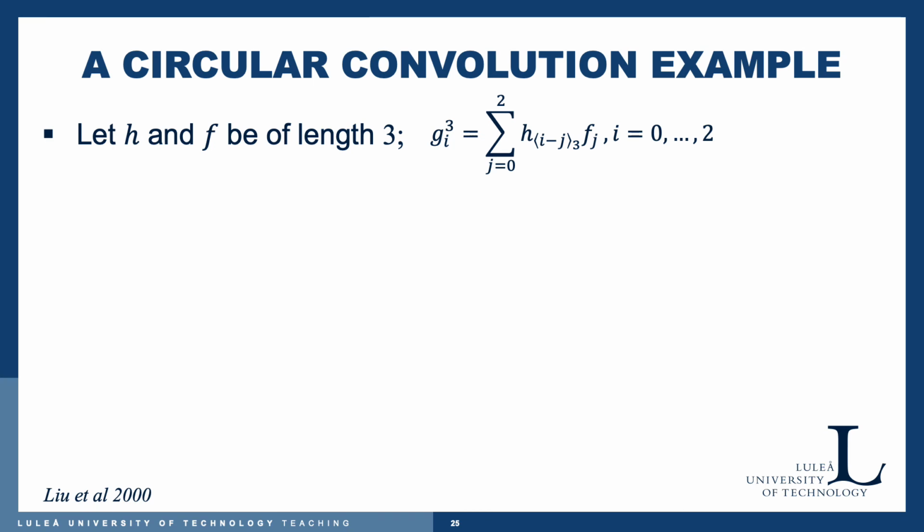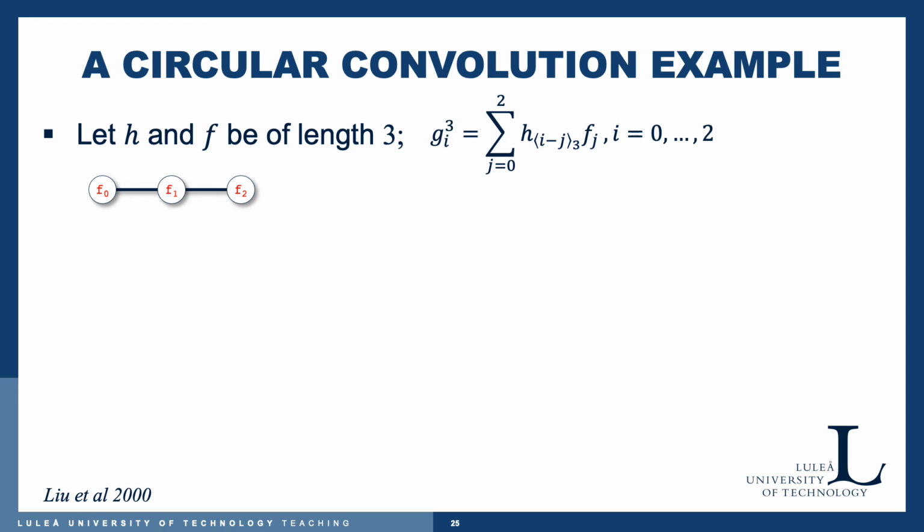Let's consider the circular convolution example here, g3, which is the summation of j from 0 to 2 of our circular convolution kernel h and then f, for i equal 0 to 2.